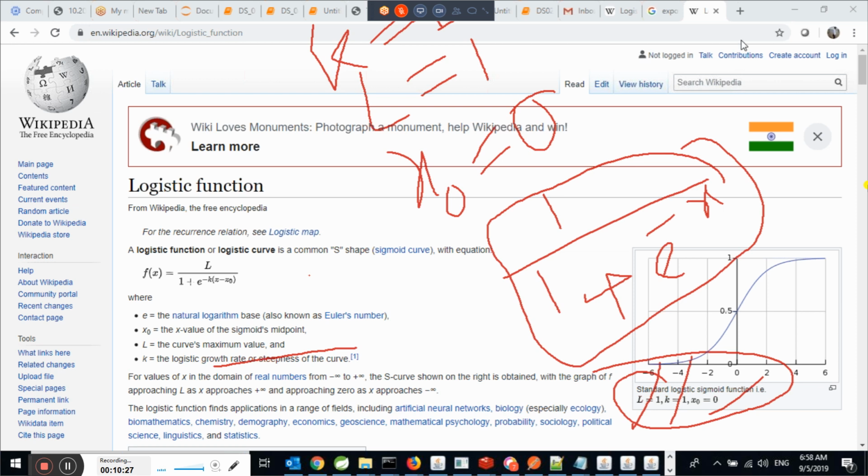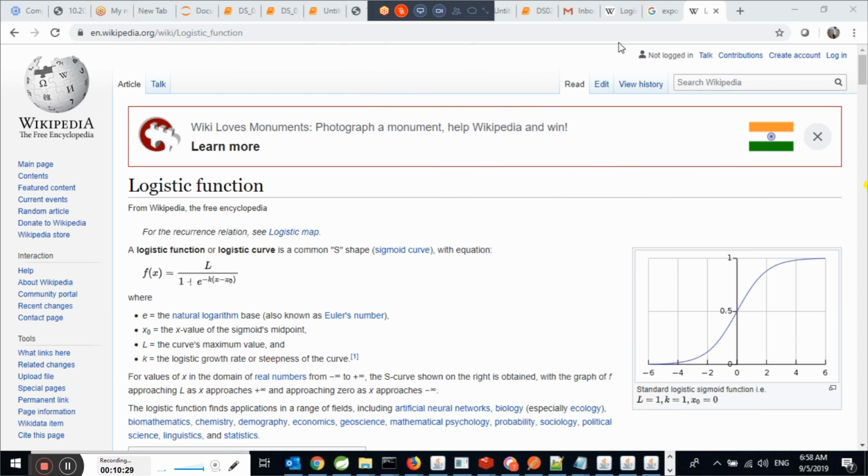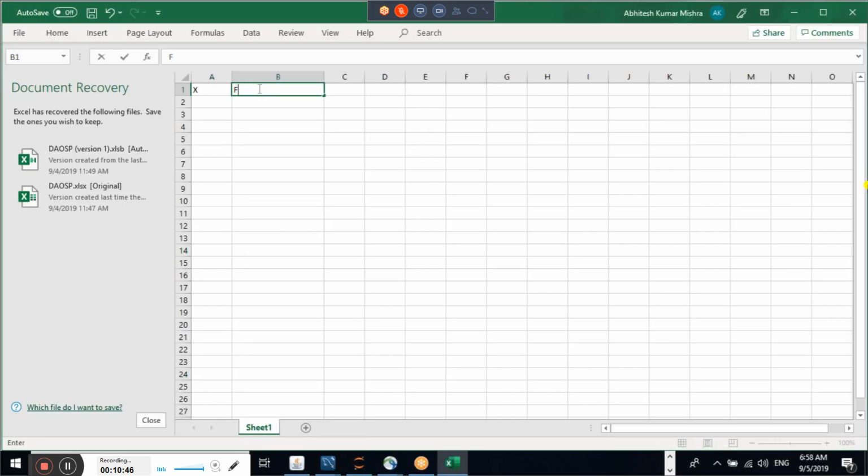So now I want to open one Excel here. Let's suppose here I'm writing x. X is nothing but input data. Then here our function is fx. Fx is nothing but our formula.